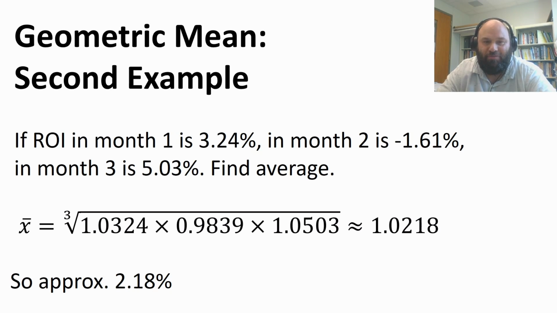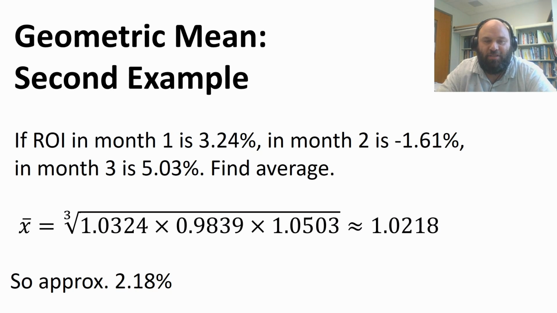We get 0.9839. And then for the positive 5.03%, write it as a decimal, 0.0503, and then you add 1, 1.0503. Take these three numbers, multiply them all together. That's what's under the radical. And then you take a third root. And recall that that's the same as taking a power of 1/3. And the answer we get when we do that is 1.0218.